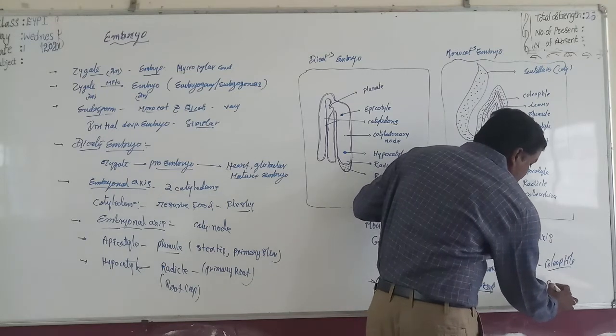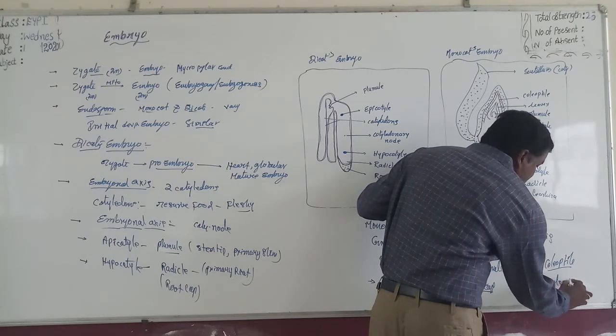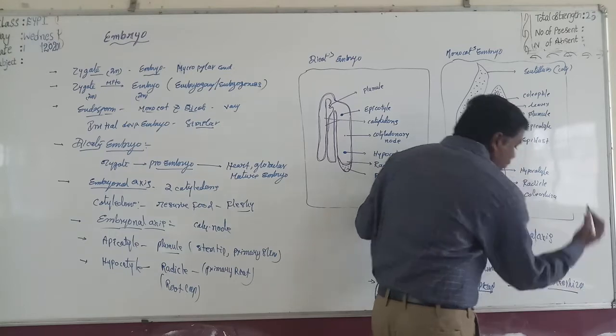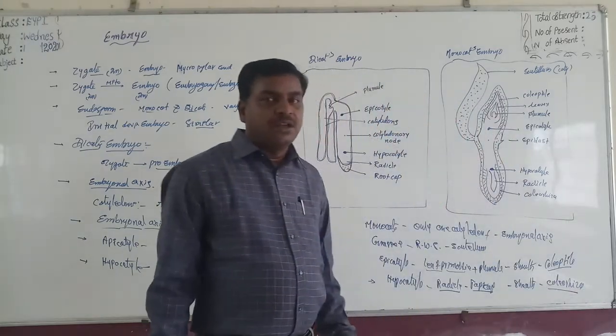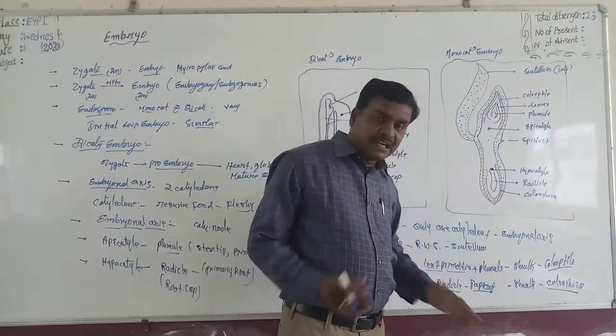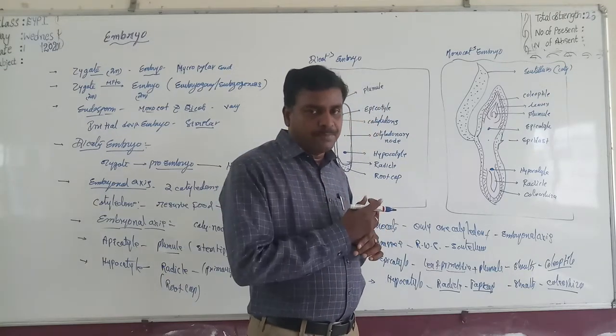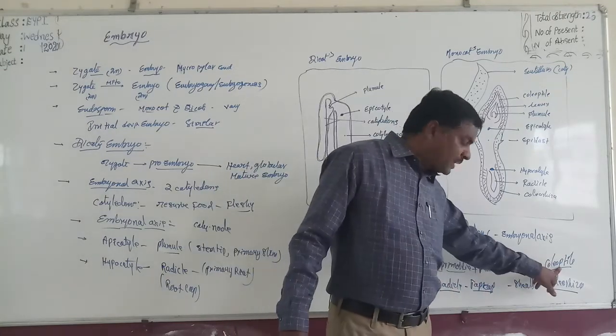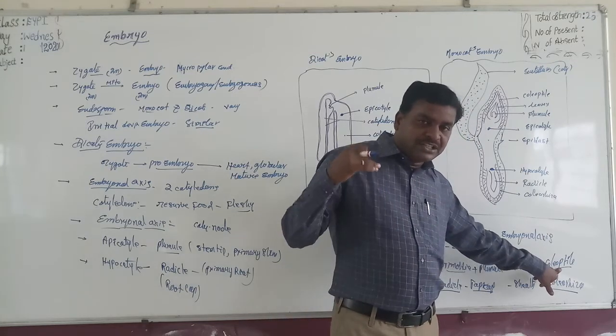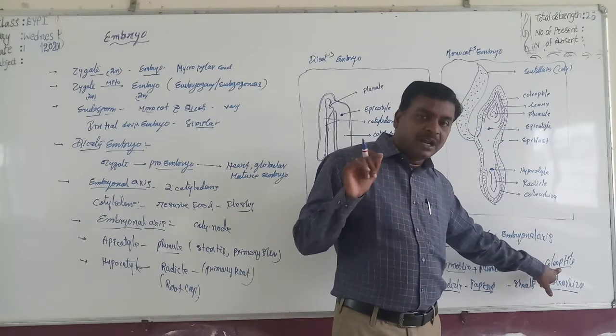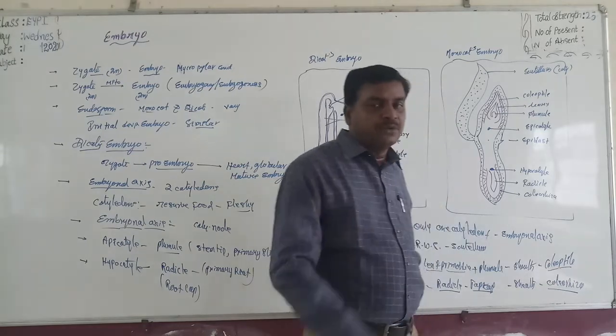This is called coleorhiza. Very, very important. Coleorhiza is the protecting sheath of the radicle and root cap. Similarly, coleoptile is the protecting sheath surrounding primordial leaves and plumule.